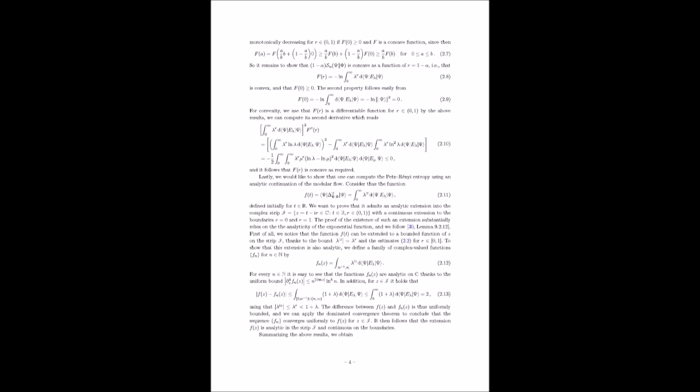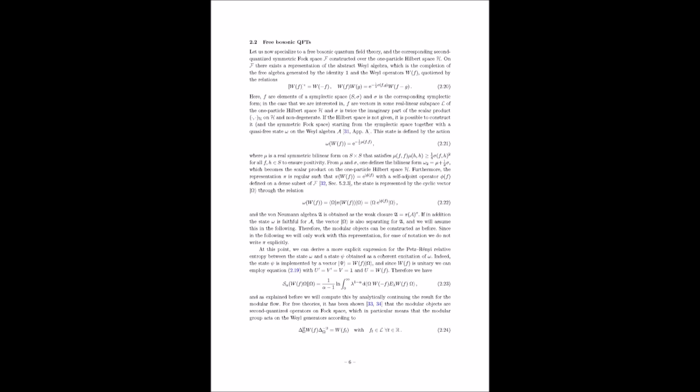There was one thing in the paper that really stuck with me. It was the idea that Petz-Rényi entropy can't be fully explained by classical physics. Right, because it includes that symmetric part of the two-point function. That's a key point. The symmetric part of that two-point function is like a fingerprint of the quantum nature of that field.